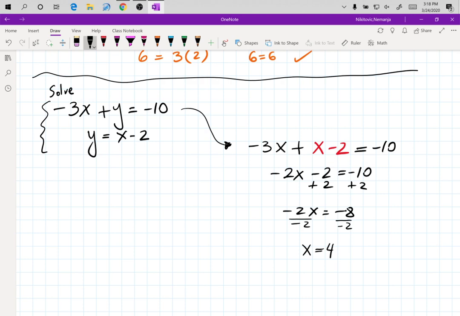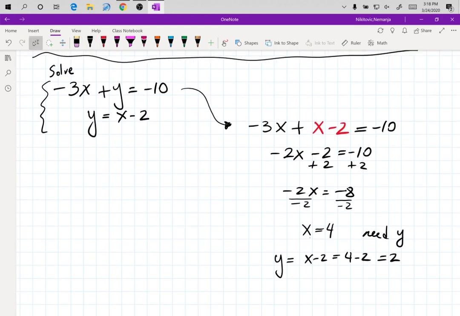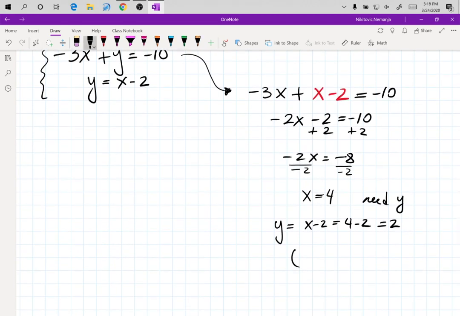So we were able to calculate x. Now we need y. We have that y is equal to x minus 2, which is 4 minus 2, which is 2. And we have our solution (4, 2).